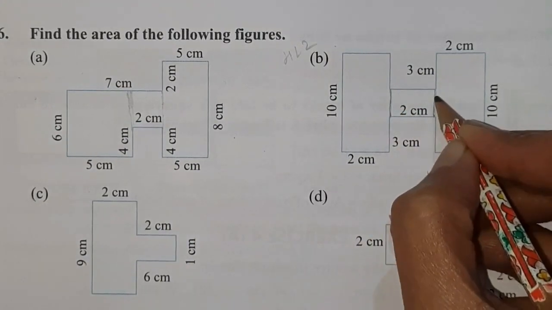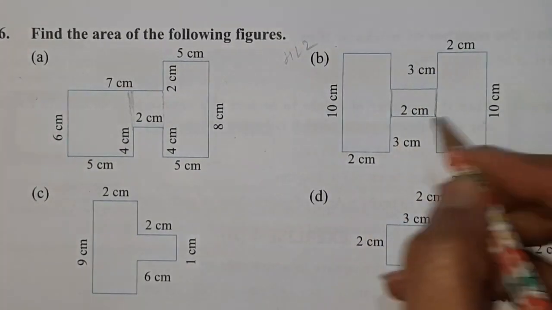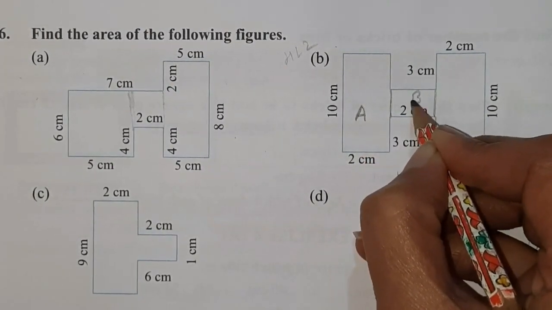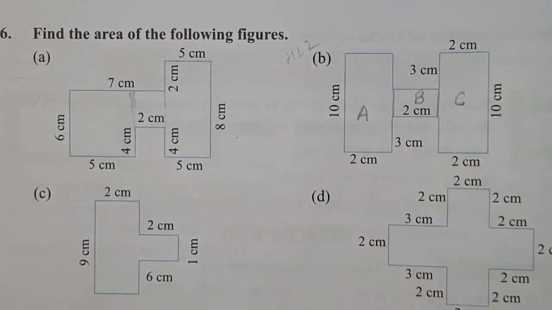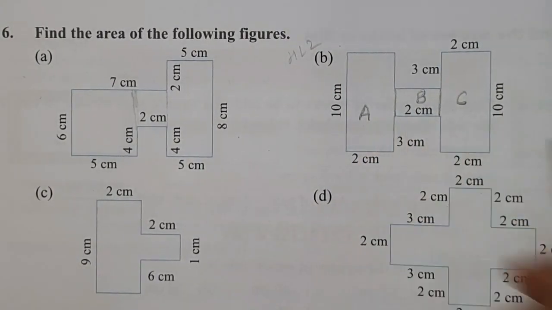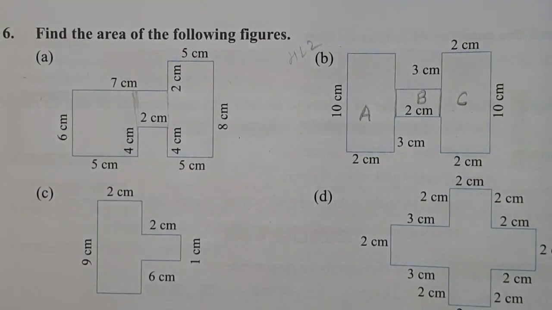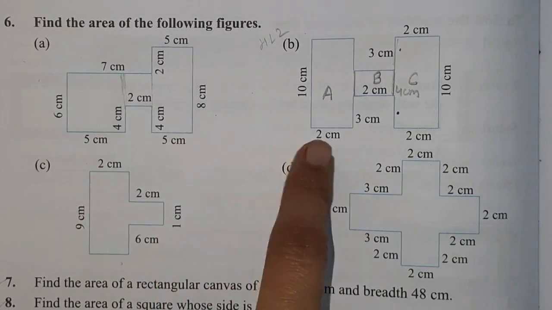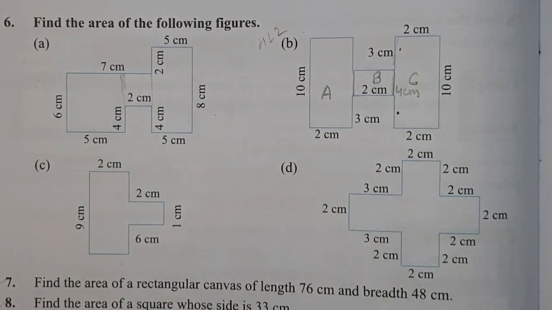Means if rectangles are formed or squares are formed, we will divide it and we will name it rectangle A, B and C. Now we will find out the area of these 3 rectangles and then we will add. In all the figures, you have to divide the figures into number of rectangles, and after that you will find out the area of all the rectangles and then you will do addition of area of the rectangles.